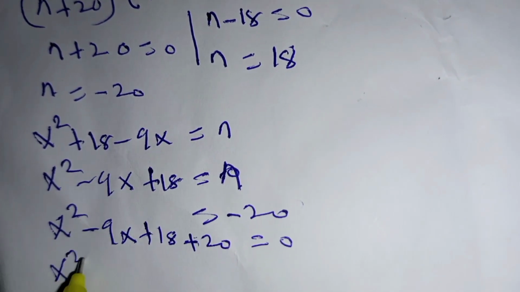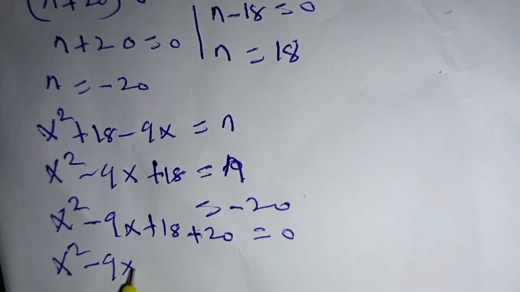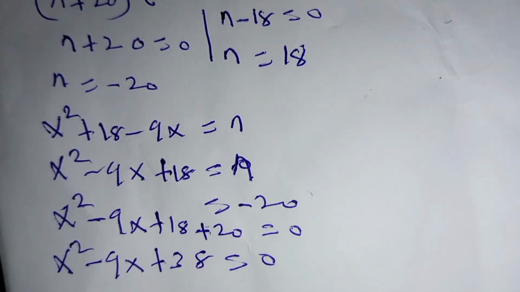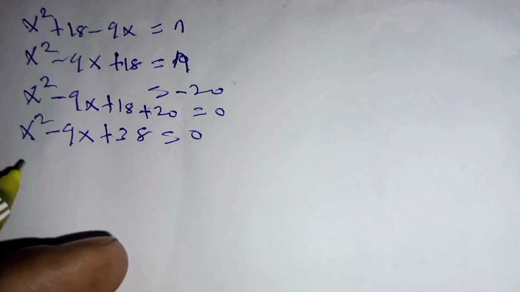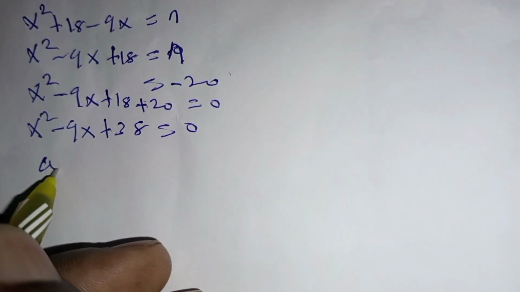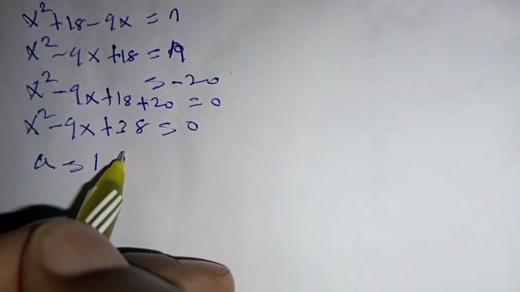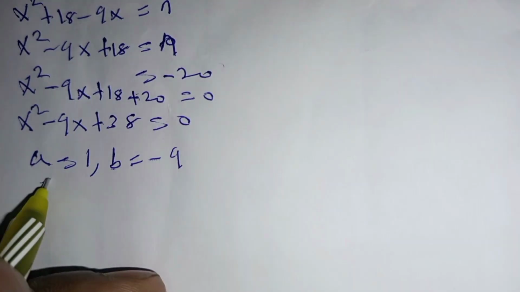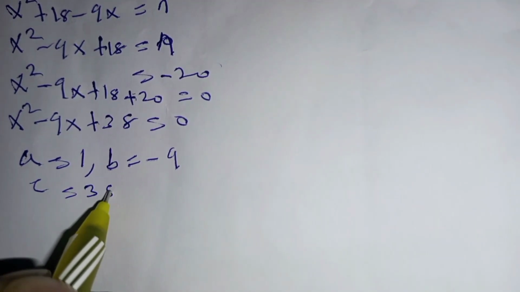So x squared minus 9x plus 38 is equal to 0. This is a quadratic equation with a equal to 1, b equal to negative 9, and c equal to 38.